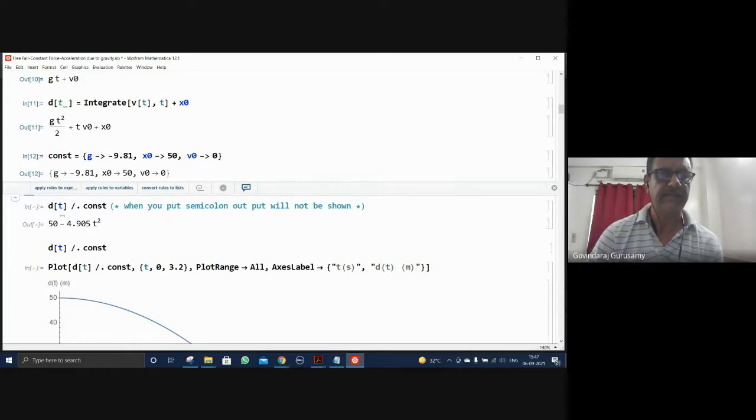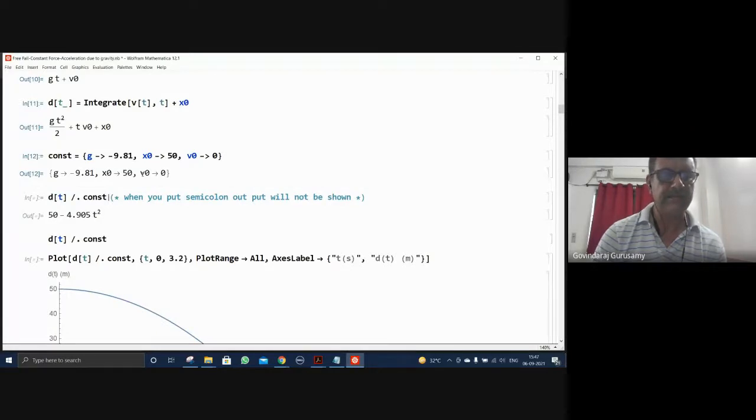For example, d of t requires initial position, initial velocity, and g. I substitute that because I put it in a rule form. When I say it's constant, it will take those values, for example x0 is 50, v0 is 0, and g equal to minus 9.81. With that, you will get this result.